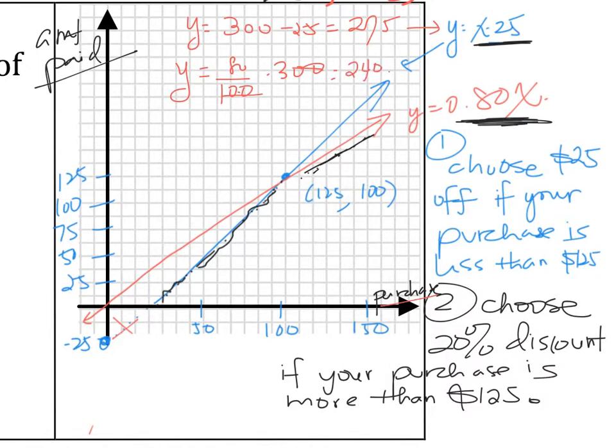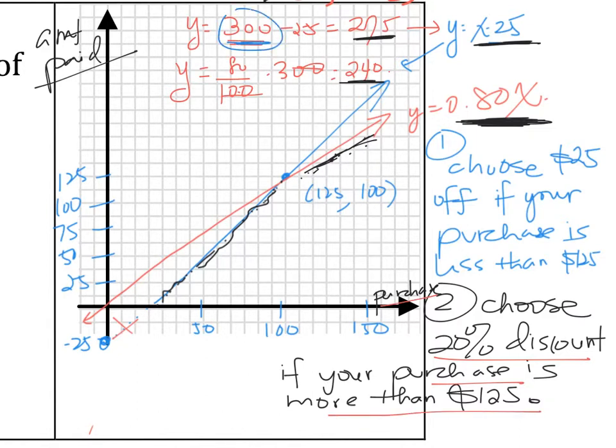So as you can see, the amount that you pay taking the 20% off is less than the amount that you pay if you only take that $25 off. So that's why you should choose the 20% discount if your purchase is more than $125.